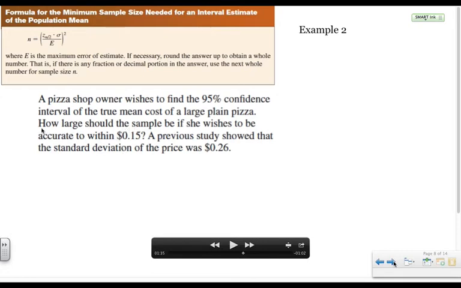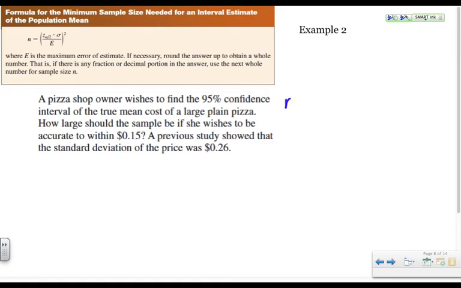So when it asks the question, how large should a sample be? This is the formula you're going to use. I'm looking for how many people do I have to ask, or how many pizza shop owners do I have to ask to get a good confidence interval for this. So plug in the formula. Here we go.